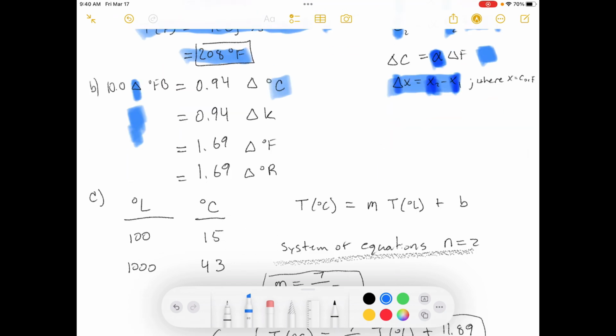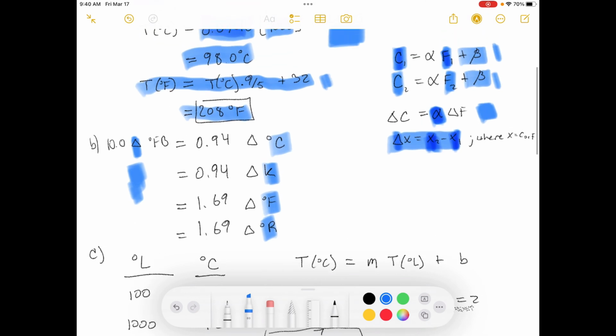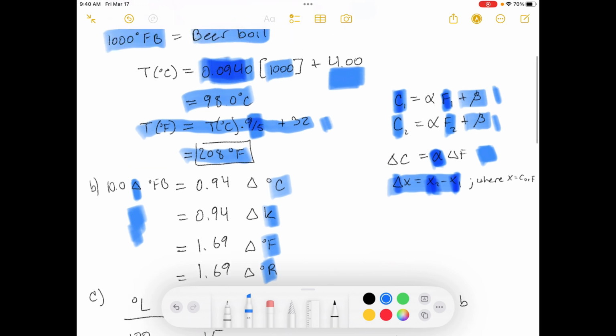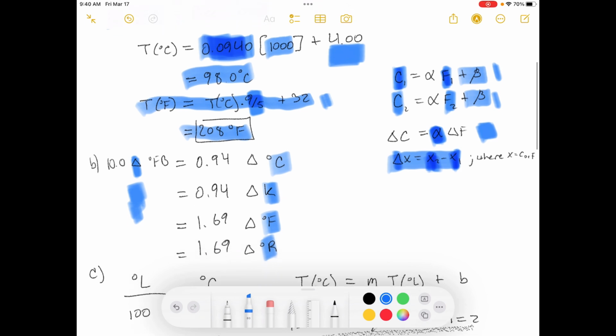Okay, and that means because Celsius and Kelvin are on the same scale, even though they're translated differently between each other, they're going to have the same value. And the same thing goes with Fahrenheit and Rankine. Okay, but we had to scale those using the scaling factor and this scaling factor. Okay, makes sense for part B.